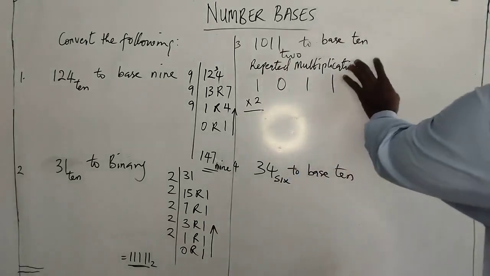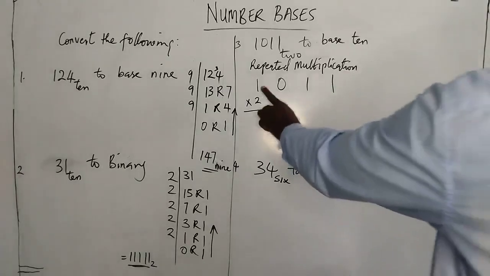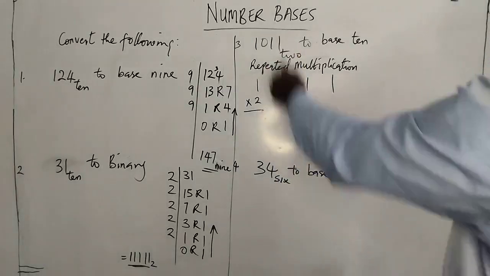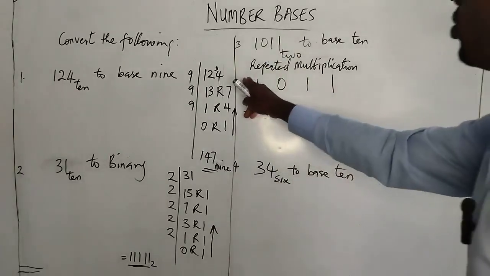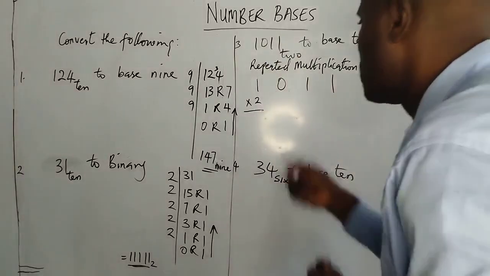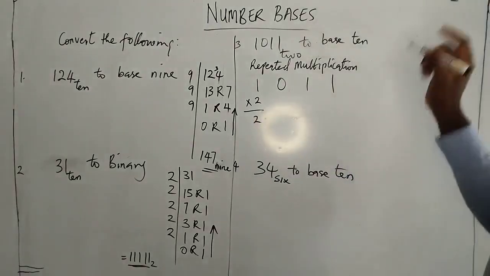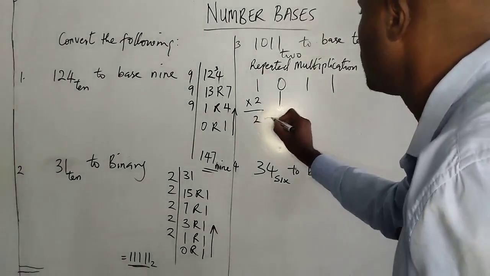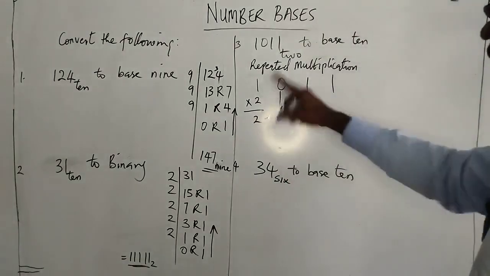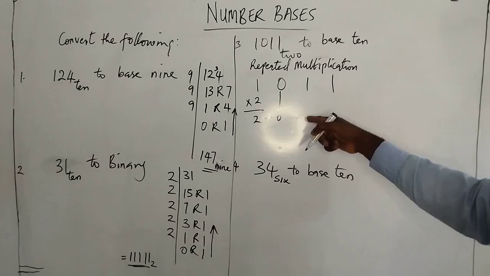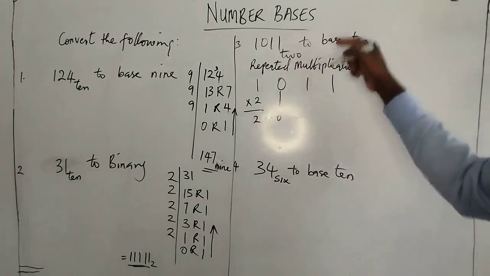The way this method works is that each time you multiply, you add. 2 times 1 will give us 2. The next thing you do is you add. If you don't multiply, then you don't add. But once you multiply, you must add.